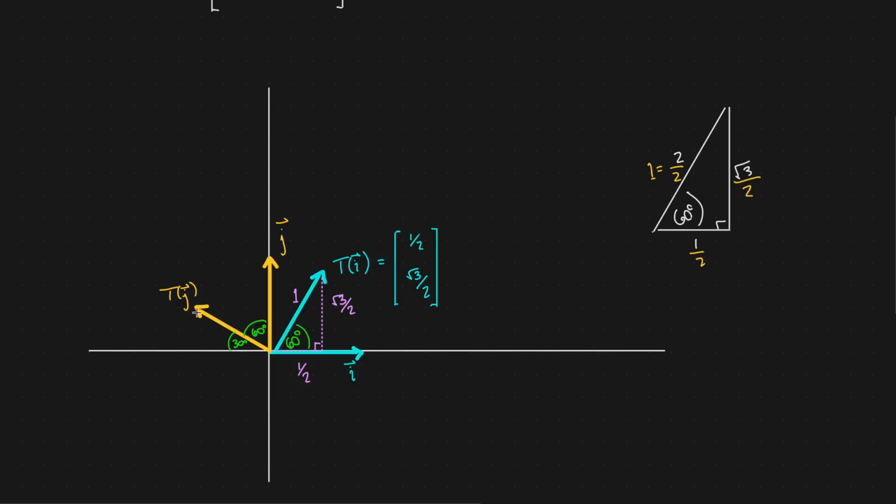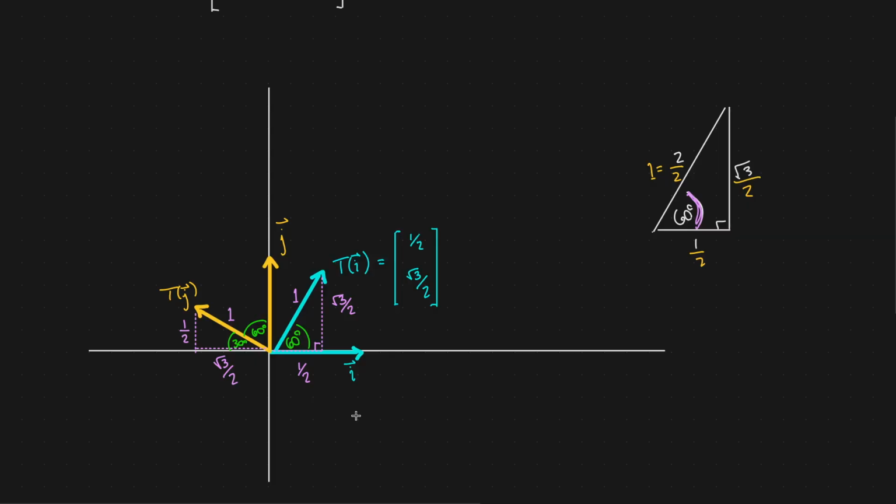Okay, and I could use the same triangle. It's still a 30, 60, 90 triangle. It's just that this is the 30 now, this is the 60. So the ratio of the sides will remain the same. This will be 1. The side opposite 30 is 1 over 2. The side opposite 60 has length root 3 over 2.